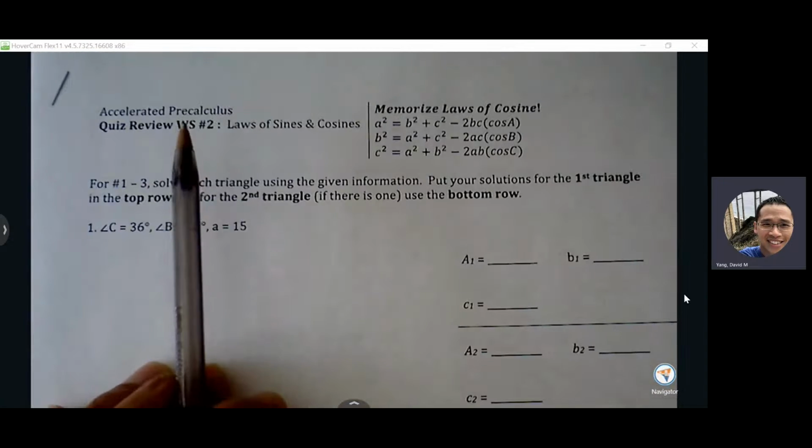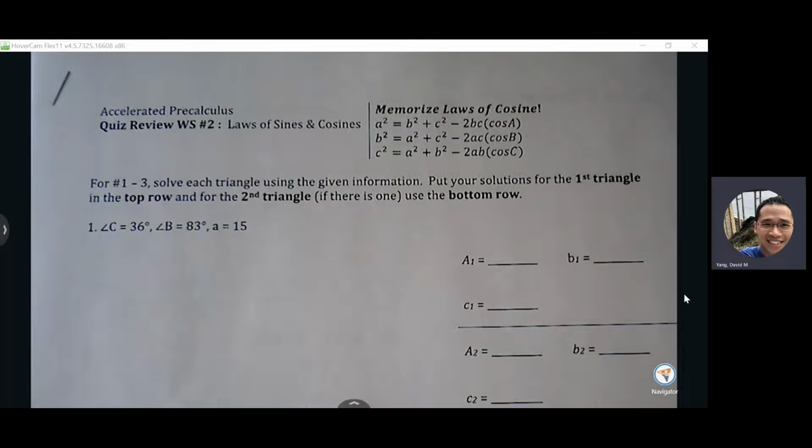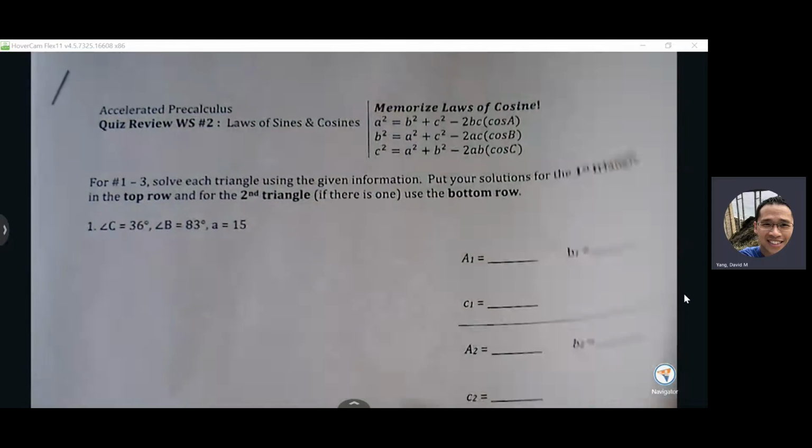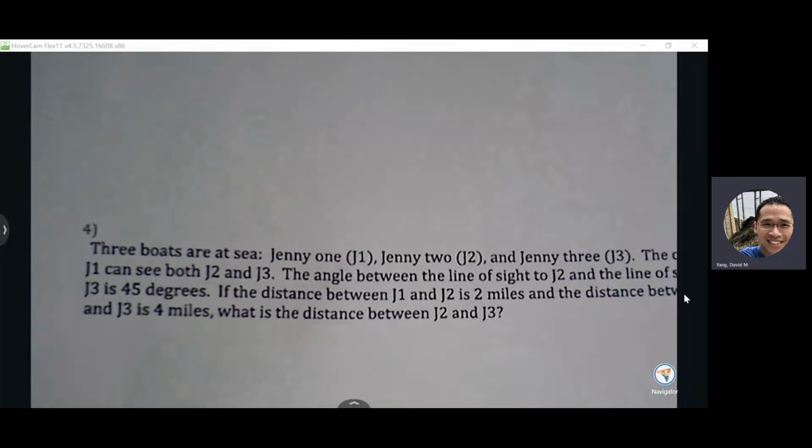I like not doing the quiz review in class because you can take it home and do a mock quiz on your own and see how well you do leading up to tomorrow, and it has the full key attached. So maybe we'll work through the word problem just so you can see it.